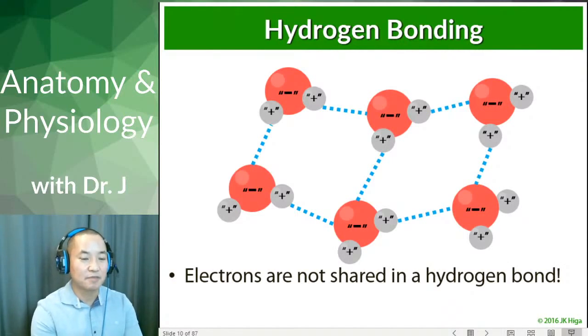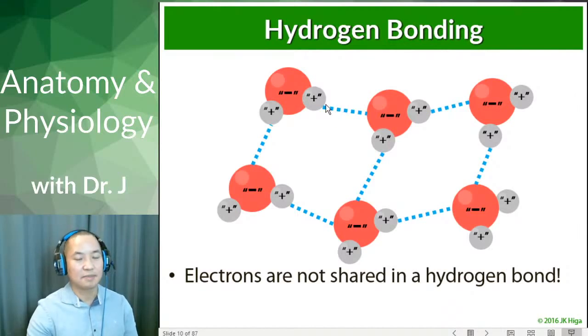This is a key difference. Remember, in ionic bonds, one electron is ripped off of the other and they're attracted just due to the positive and negative charge. In covalent bonds, you do have a sharing of electrons, and if it's nonpolar, it's shared equally. If it's polar, it's shared unequally. But in hydrogen bonding, you do have attraction between positive and negative, but no actual electrons are being shared.